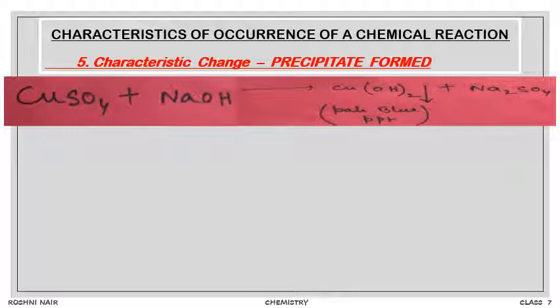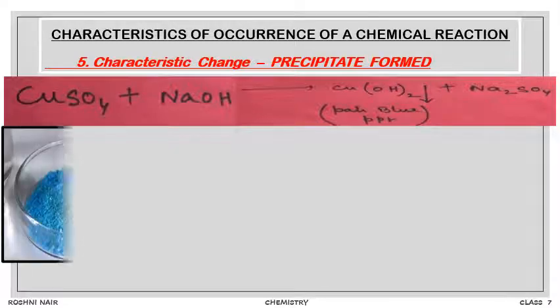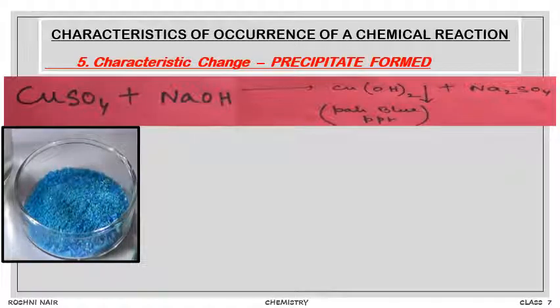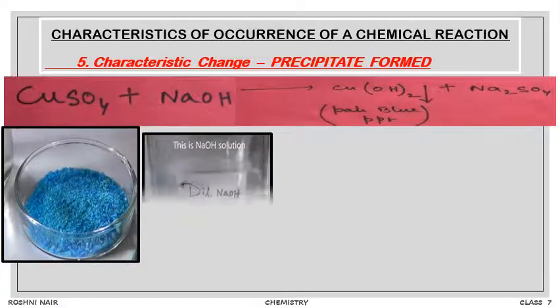Whenever copper comes into the picture, there will be mention of blue color. Even in this reaction, we can make out a pale blue PPT, precipitate. Yes, copper sulfate, as I told, is blue in color, here crystals here.